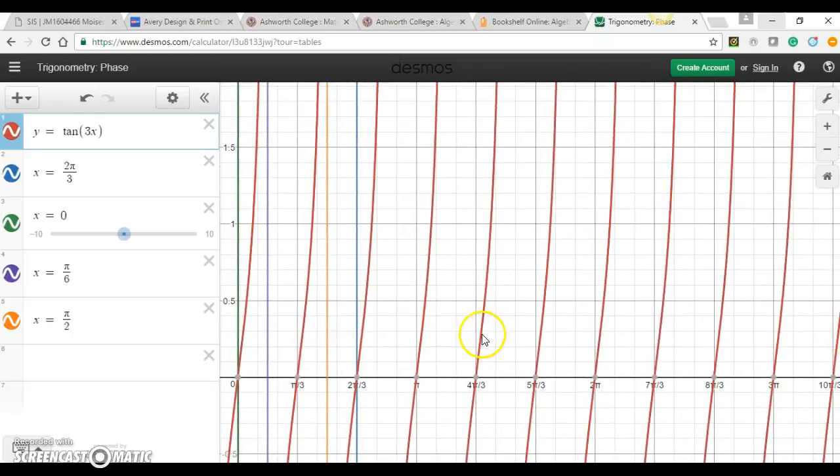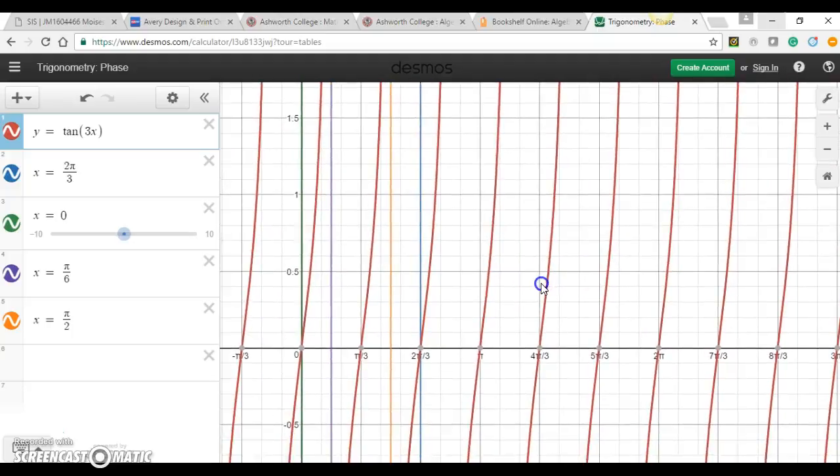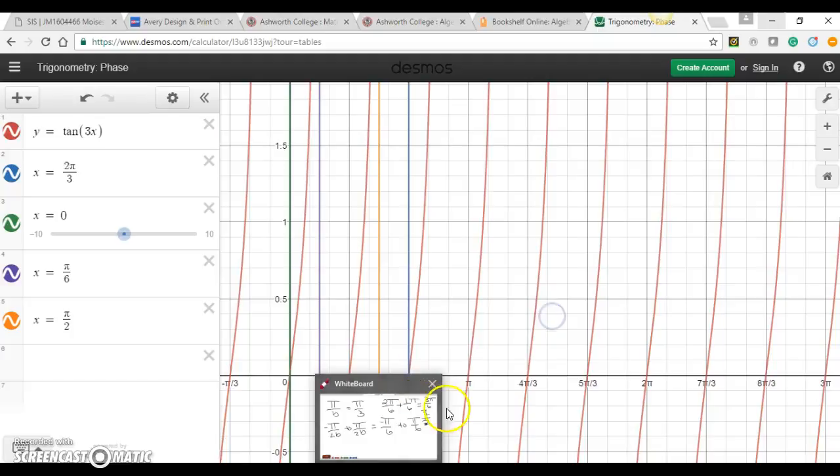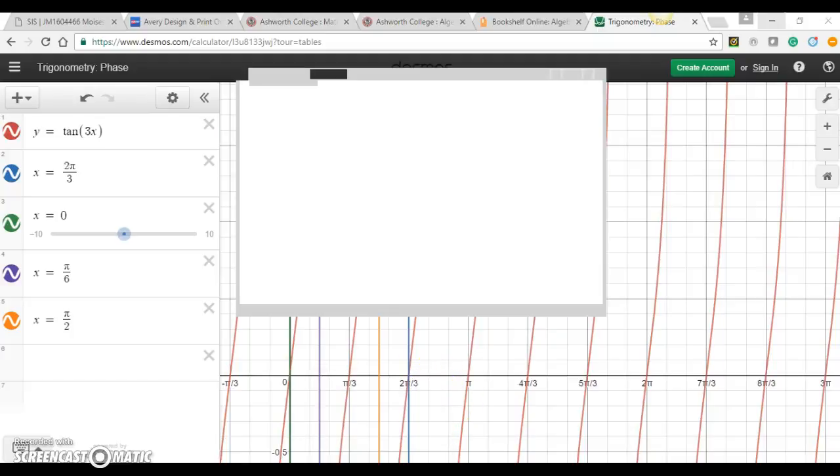So there's everything that we need right there. Alright, so from 0 to this blue line is all they asked for, so that's just half of that, one full, and then this bottom half here. So I hope that this helps.